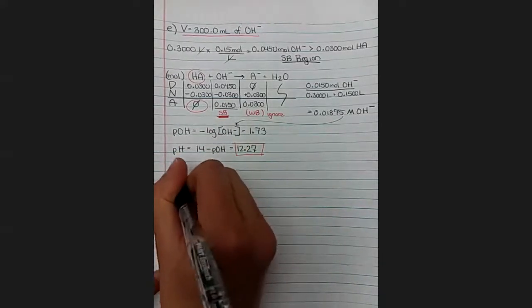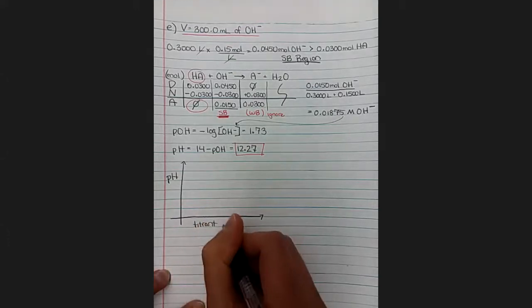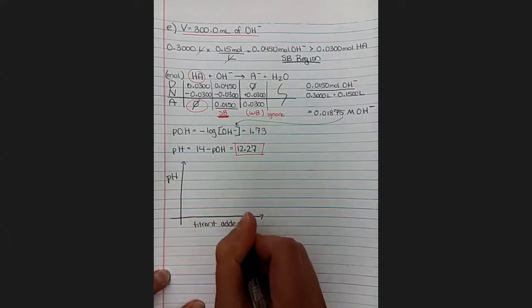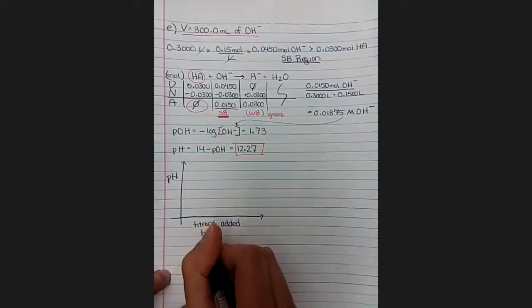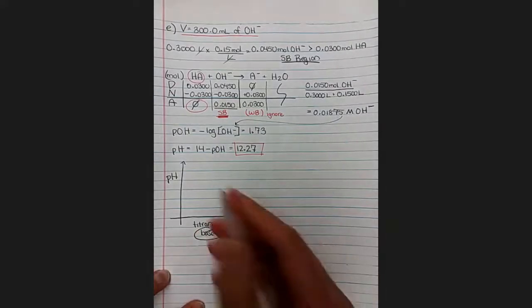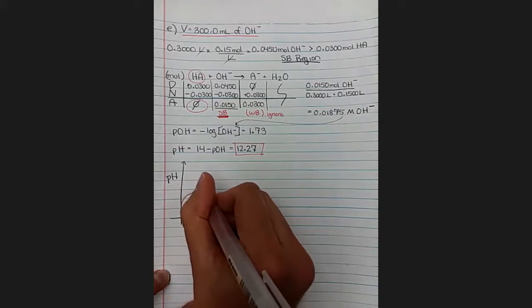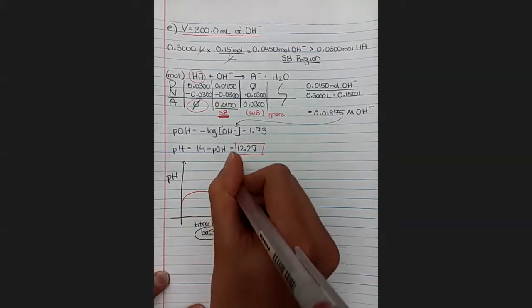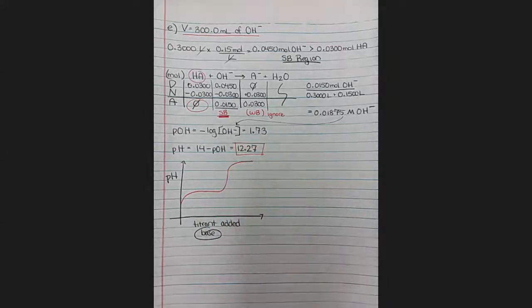So we had pH versus titrant added, and our titrant was strong base. This is a weak acid, strong base curve, so we're going to start a little higher. We're going to have a little flat part, a steep part, and a tapering off at the end.